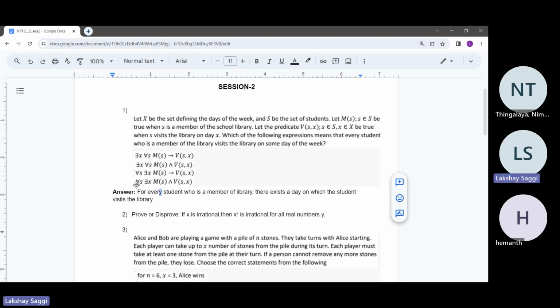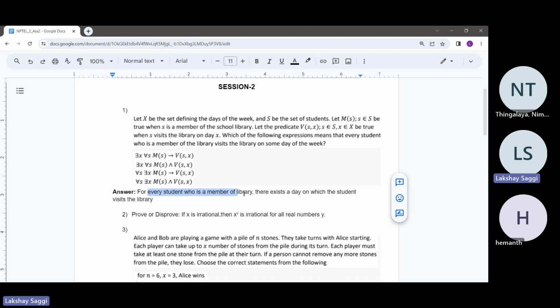So basically option D's proposition is saying that every student is a member of the library and every student visits the library on some day X. But this is not what we want to say, right? Because every student need not be a member of the library. M of S denotes the students who are actually the members. What we want to prove is that for every student who is a member of the library, there should exist a day.